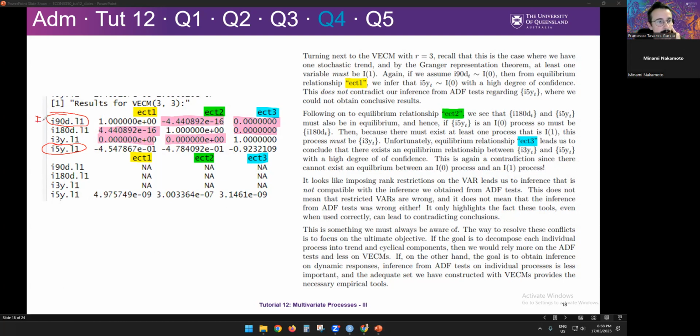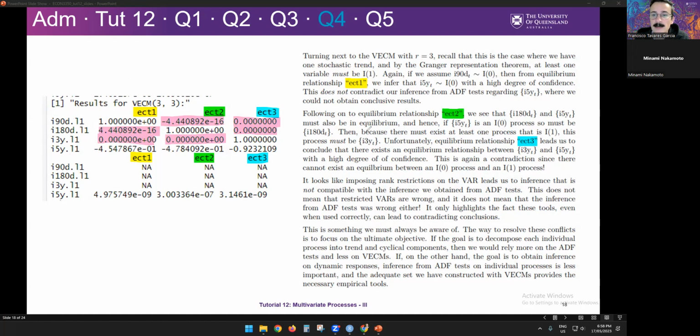Then for the second one, it's I80 and I5, there is some equilibrium relationship between the two of them. So since we just said that I5 has to be I0, then so does I80. So I0 and I0. You can see it's already quite in conflict with what we just said for the previous one.